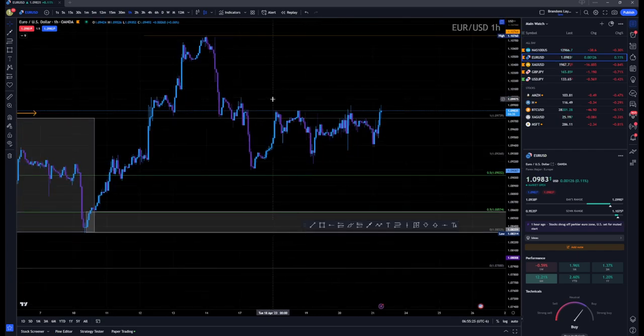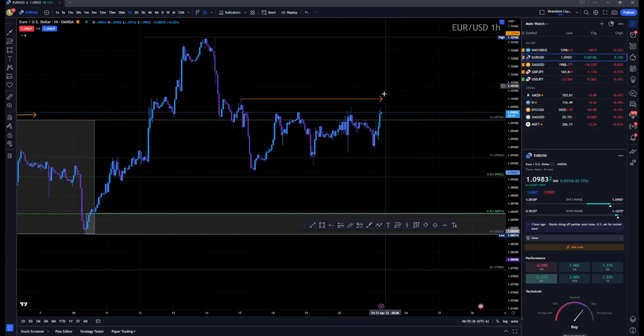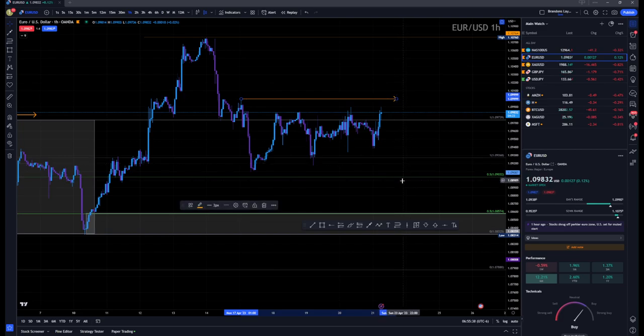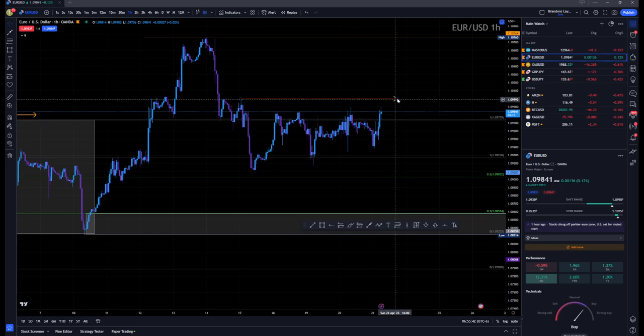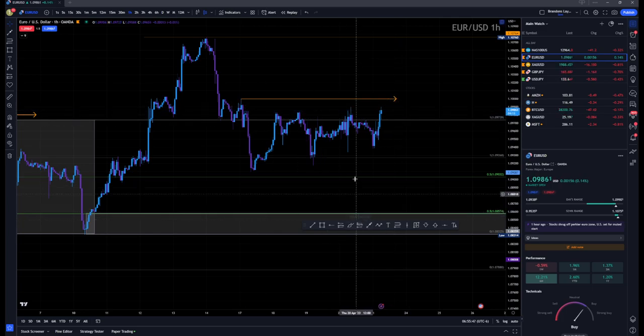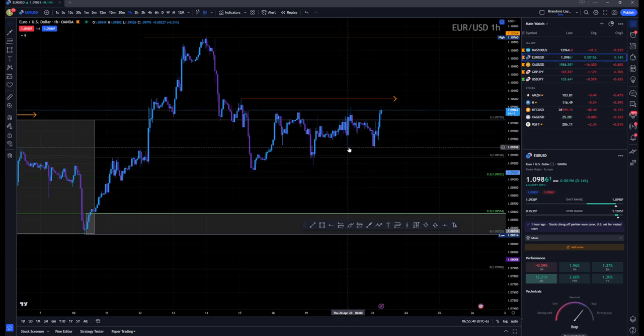In which case, we have a breakdown here and we have a range in this particular area. So I'd be willing to start looking for buys if we break above the $1.09 99 pips zone, or structural point. I'd definitely be willing to look for buys at that point.